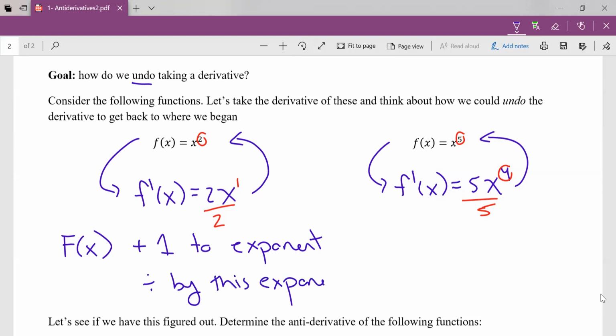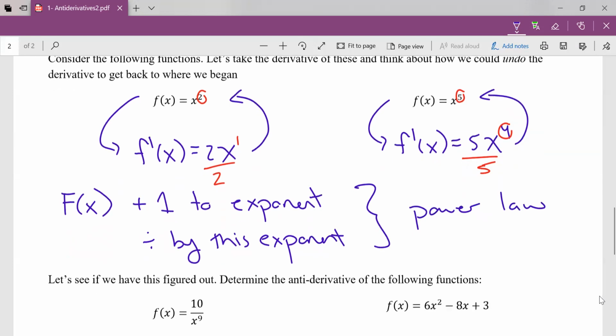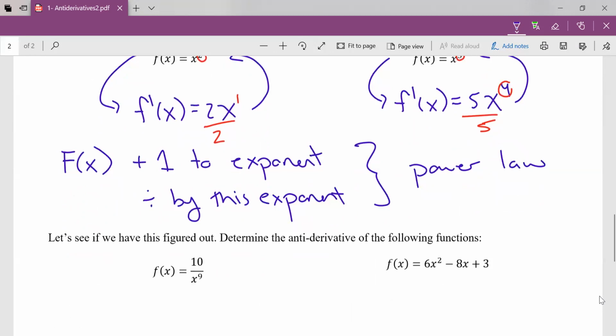And that's us undoing the power law. We will learn as we go through how to undo things like the chain rule, the product rule, and the quotient rule and all that good stuff. But today we're learning how to undo the power law, essentially the inverse of the power law.